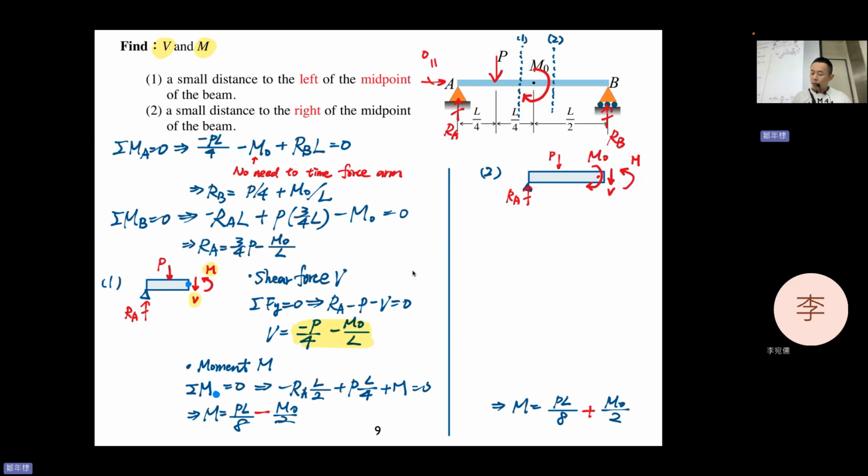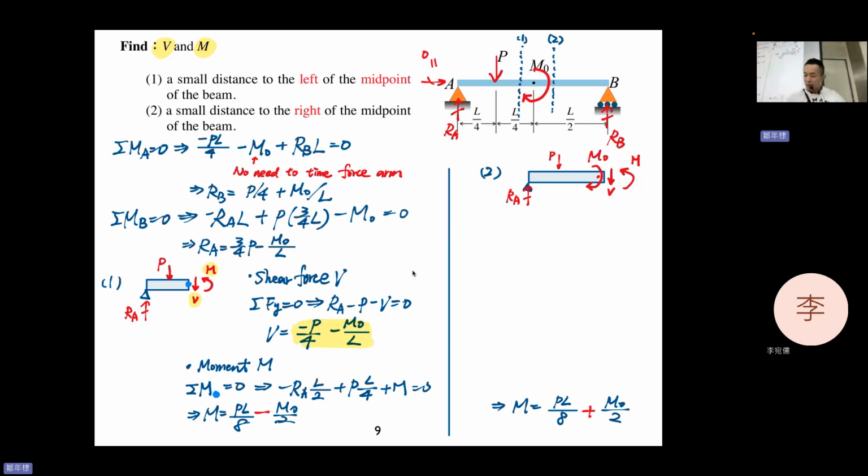The first one is that we are going to determine the V and M just a little bit left of the middle point, where we applied an M0 moment. Once we pass that point, which has the applied moment M0, what kind of change will there be in shear force and moment?